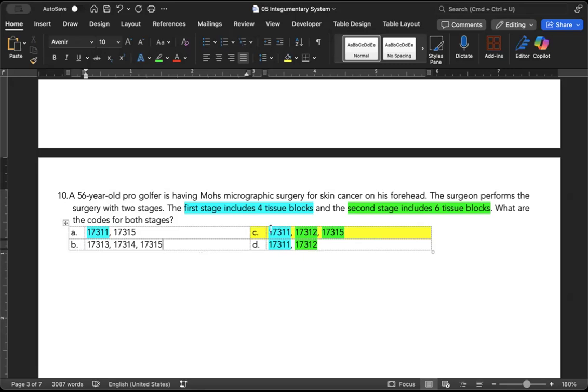In this scenario, we have two stages, so we have to have the 17311 and the 17312. And then we need that 17315 for that sixth tissue block on that second stage. That makes sense? Any questions? I know most can get a little confusing and a little tricky.